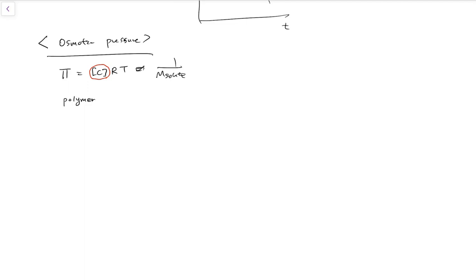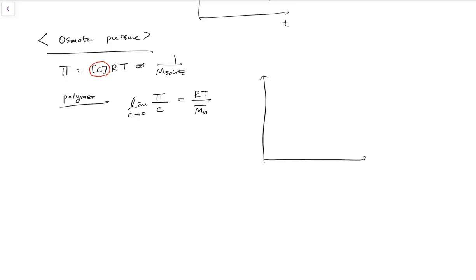Anyhow, it's proportional to 1 over the molecular weight. So for a polymer, we can determine the molecular weight by experimentally determining the limit of osmotic pressure over concentration, which gives us RT over Mn.